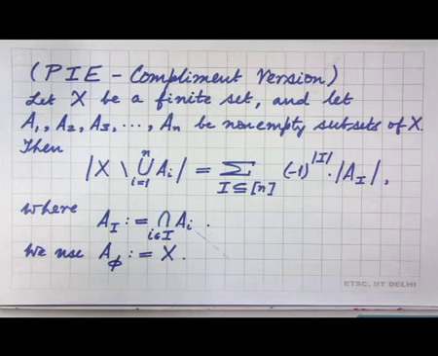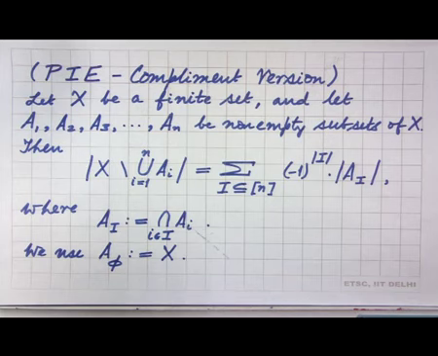Let me read this out to you to remind us how we are going to apply it. X is a finite set. A1 to An are non-empty subsets of X. The number of elements in none of the sets A_i is given by the sum on the right. In the sum on the right, the term A sub I stands for the intersection of the A_i's, with a special notation for A sub phi, and that is X.